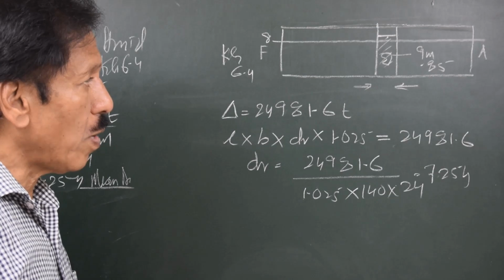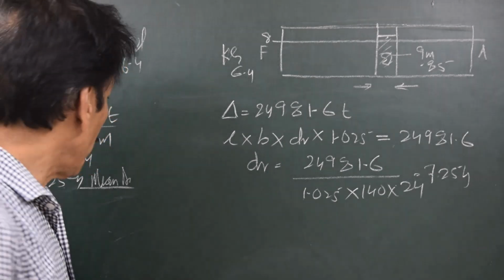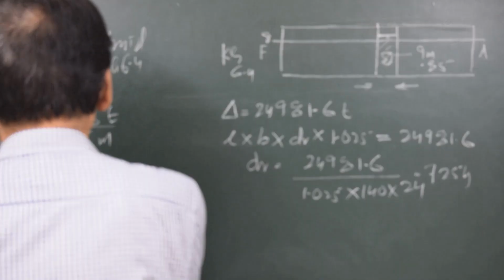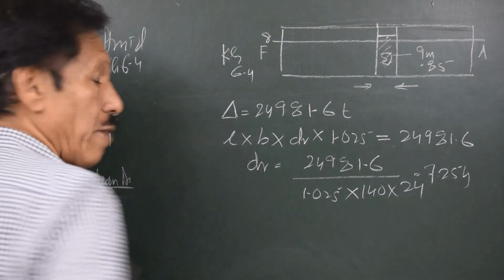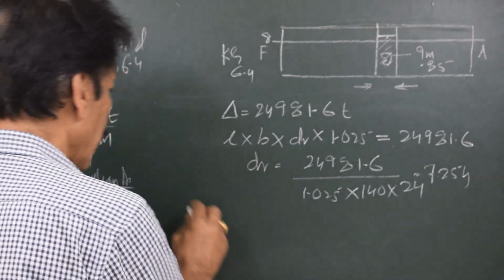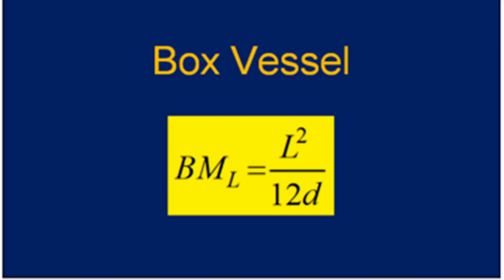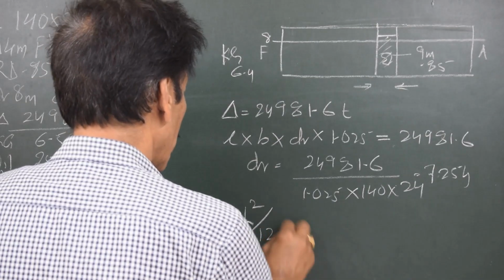Now we need to find out what are the new forward and aft drafts. So with this new draft, can we find out the BM longitudinal? BM longitudinal is L squared upon 12D.